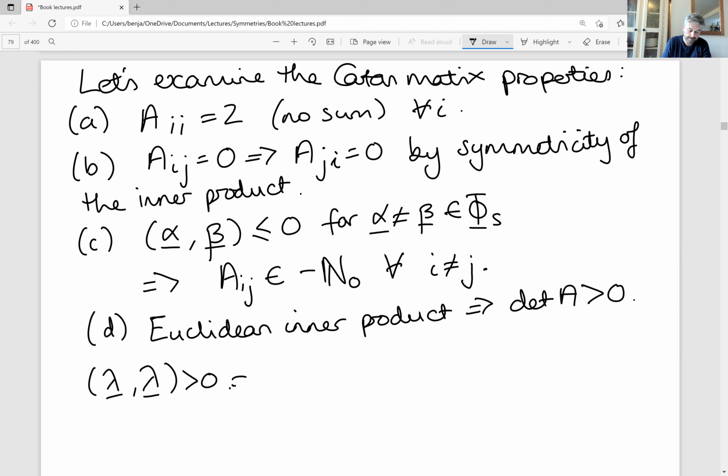So this means lambda is expanded in terms of these simple roots. So we have lambda_i alpha_i. So here we do have a sum on i, alpha_j, lambda_j.